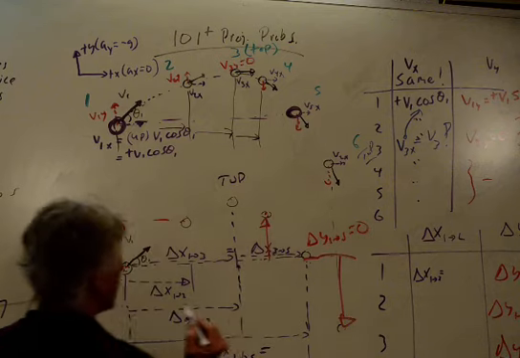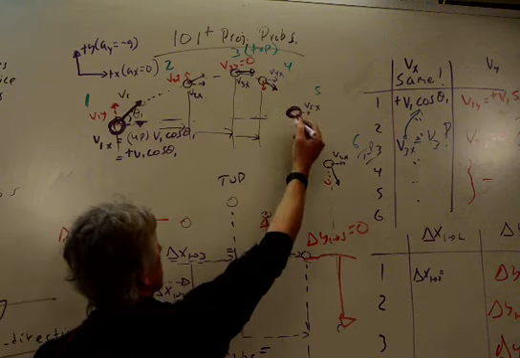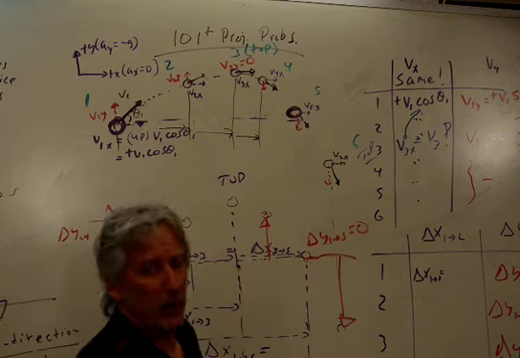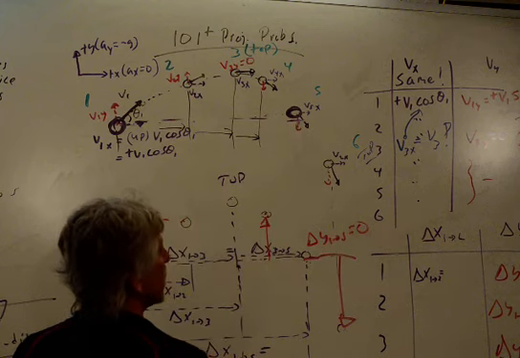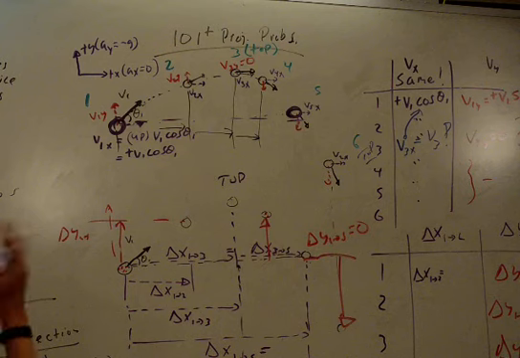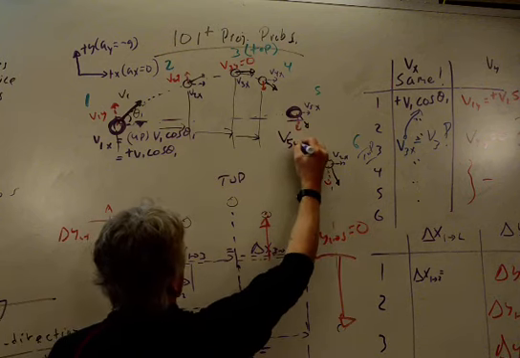Delta y 1 to 5, we said, is 0. Now, it doesn't mean it stops. It could be just before it hits the ground, or it might keep going. It doesn't matter. Absolutely doesn't matter. Delta y from here to here is 0. Now, let's see. What does that tell me about the velocity v5y?